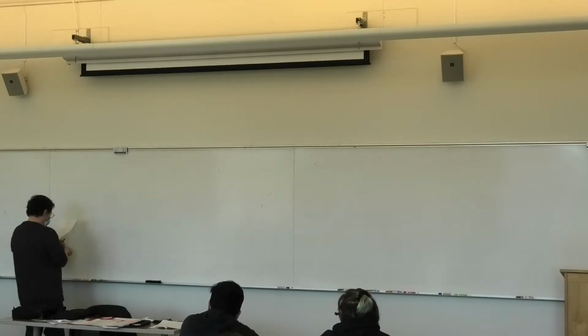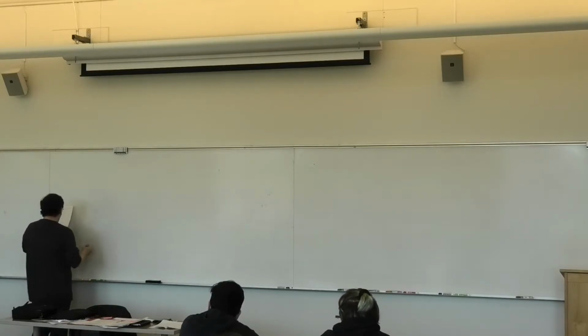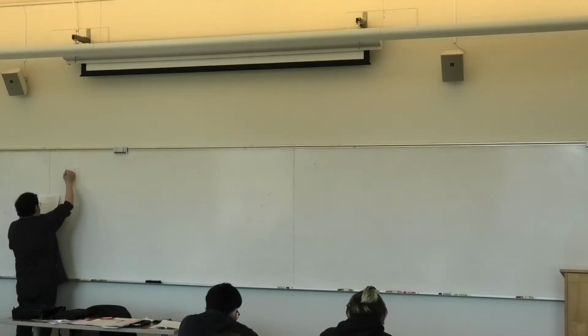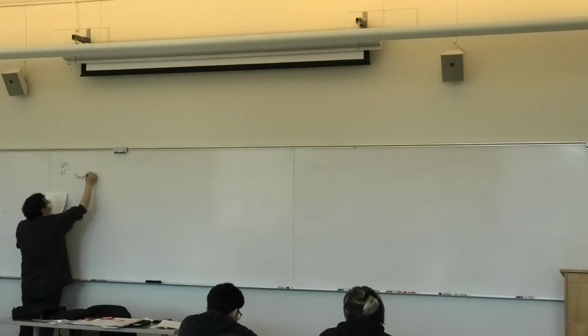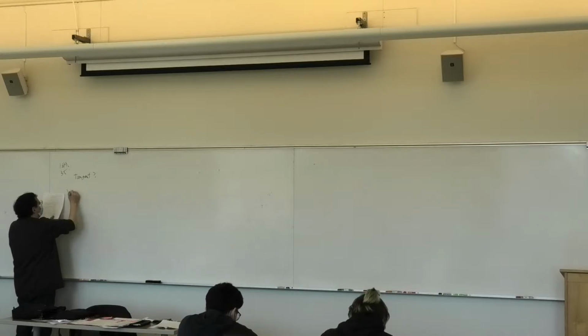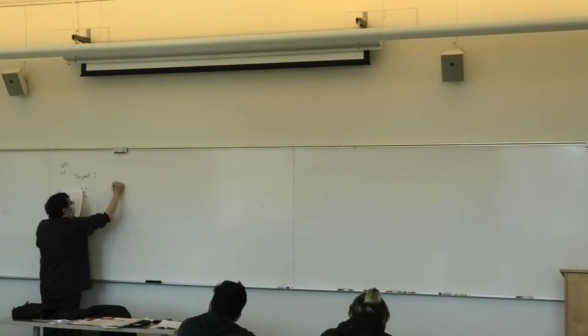So 35 says, find an equation of a tangent line. Let's see, this is 35 on 189. Find the equation of tangent. Given y equals x squared over 1 plus x at the point 1 comma 1/2.